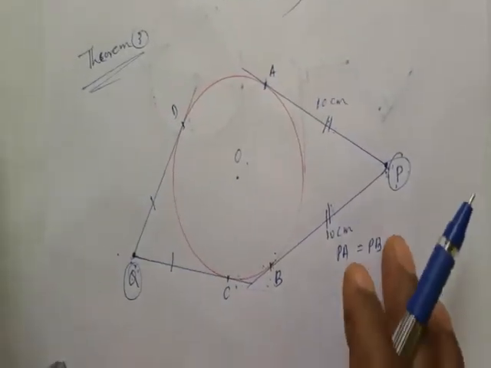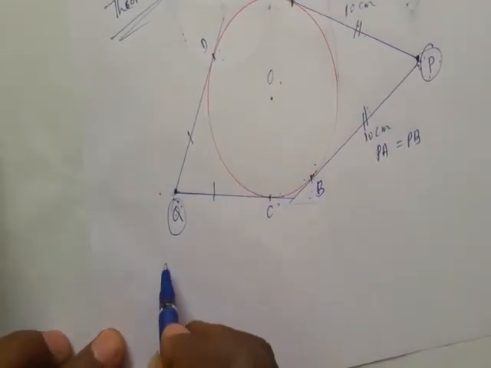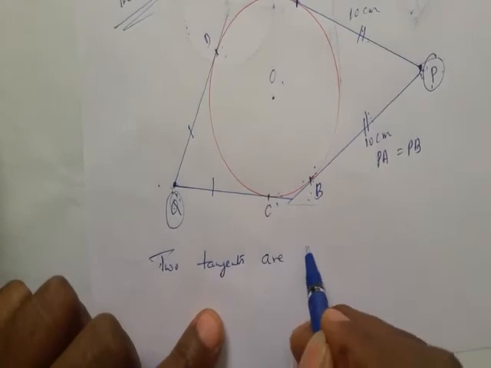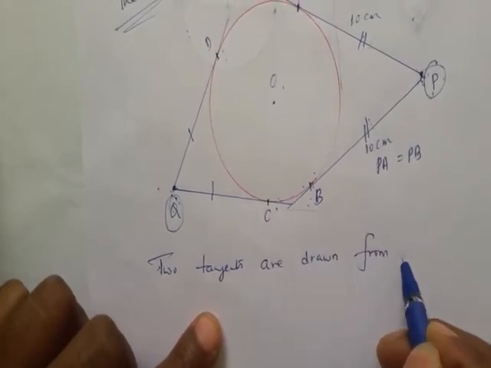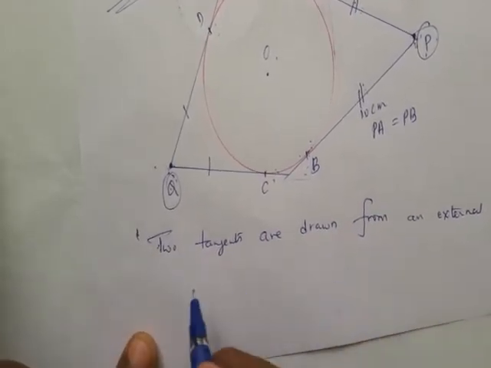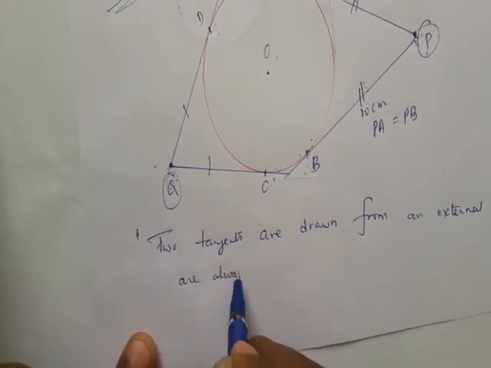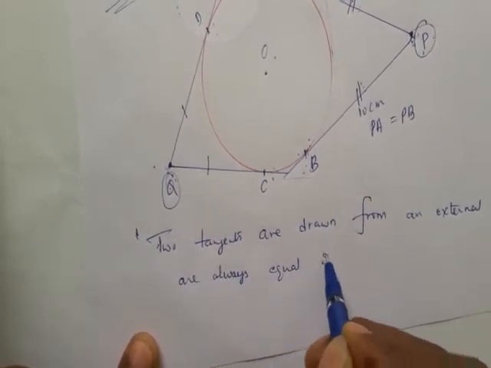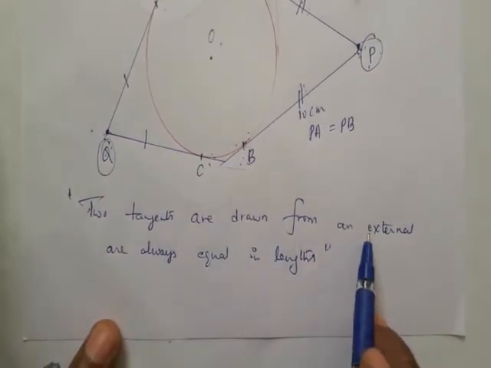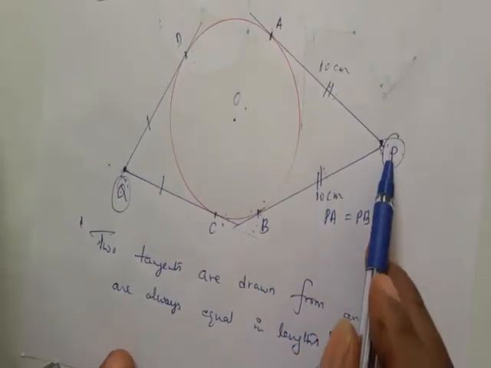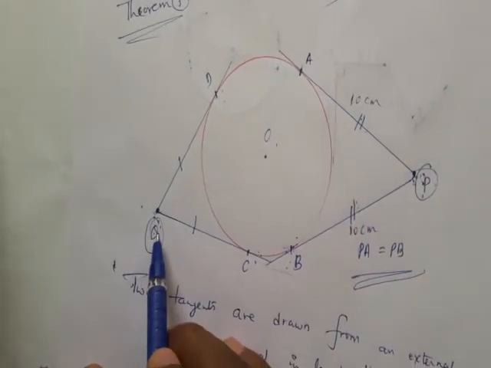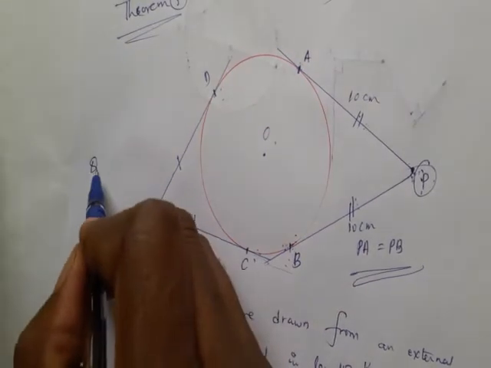Like theorem 3 says, two tangents drawn from an external point are always equal in length. That means from P, two tangents are drawn, PA and PB, those two are equal. Q is an external point, QC and QD are drawn, so QC equals QD.